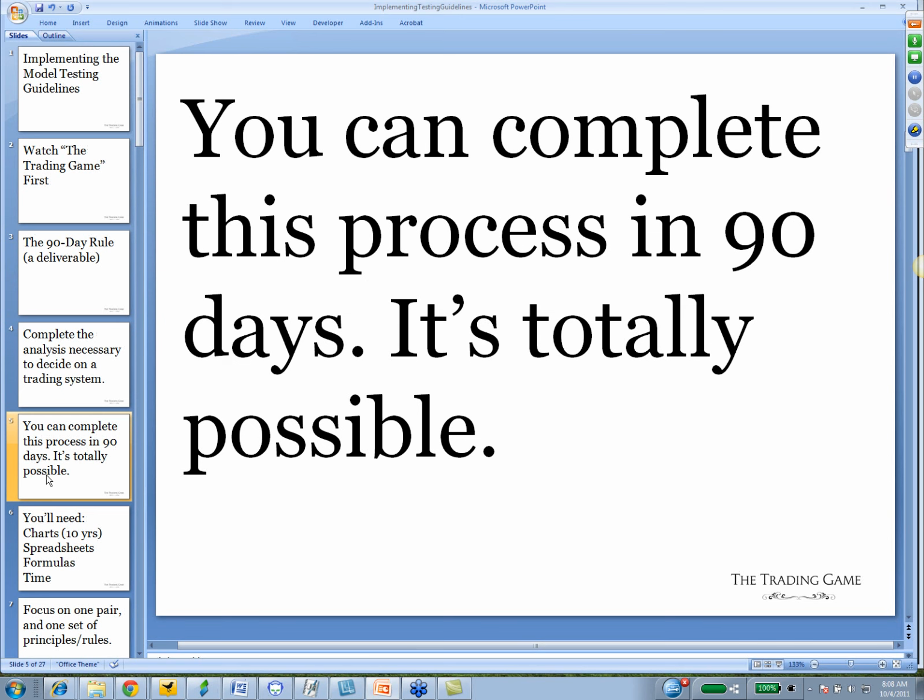It is not outside the scope of what you are able to do. There's no question in my mind that you can complete this process in 90 days, even without a computer running your back testing, even if you have never engaged in this process before. It's absolutely possible that you can complete this process. It won't be easy, but it's totally possible and definitely worth it.